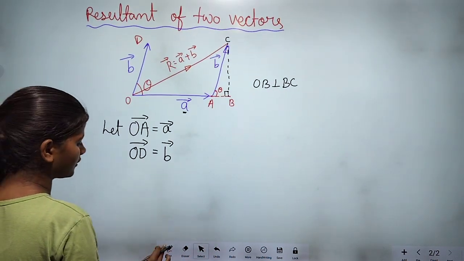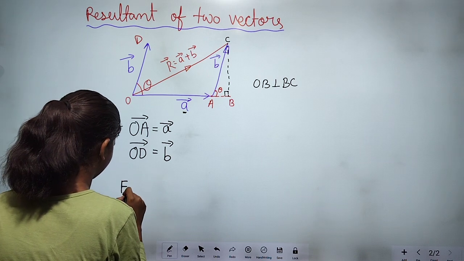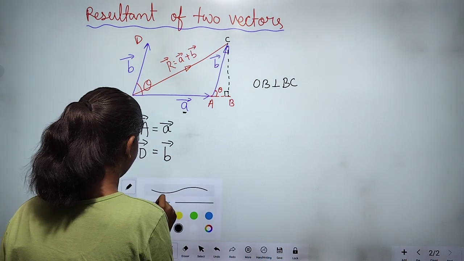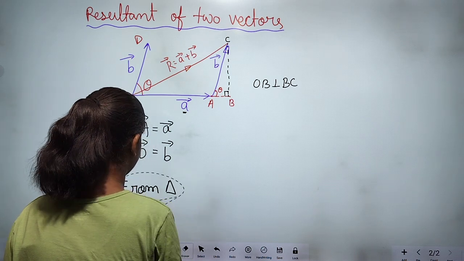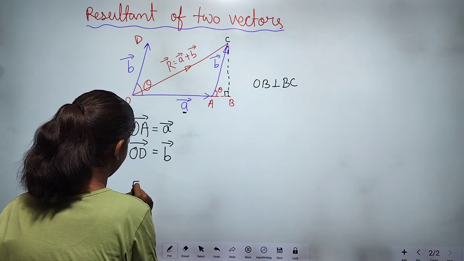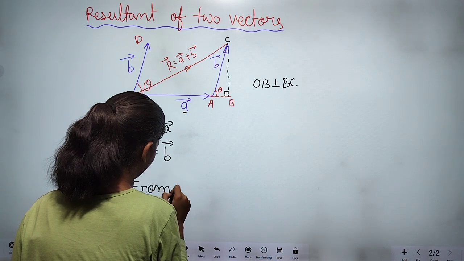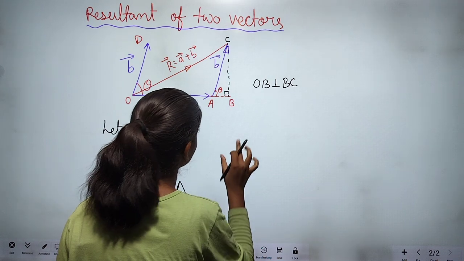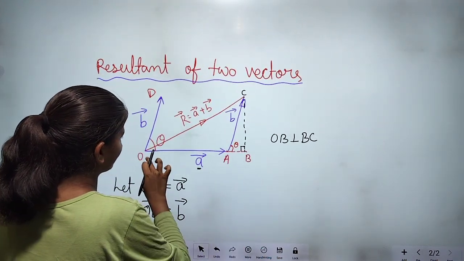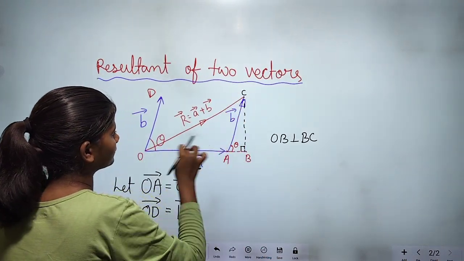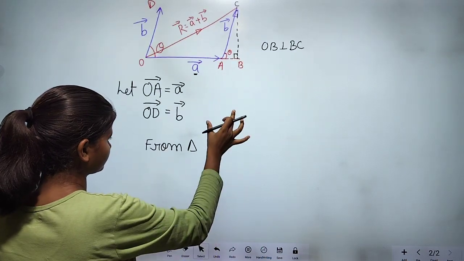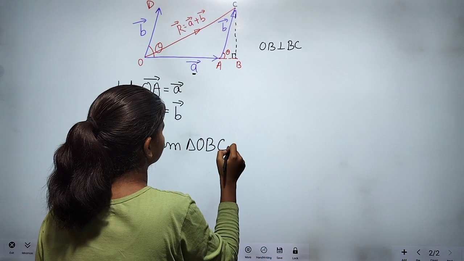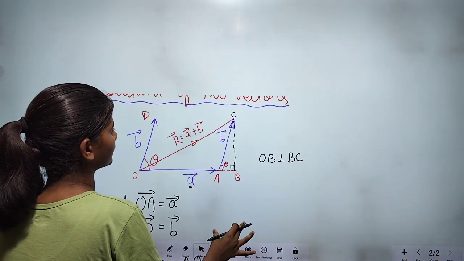Now let's see from triangle OBC. From this triangle OBC, this one is our right angle triangle.